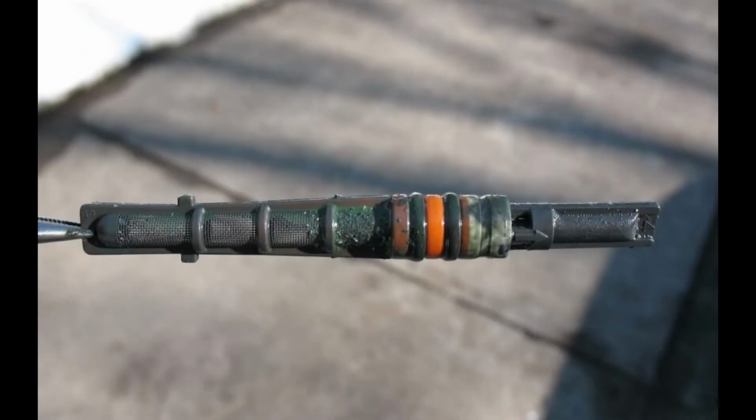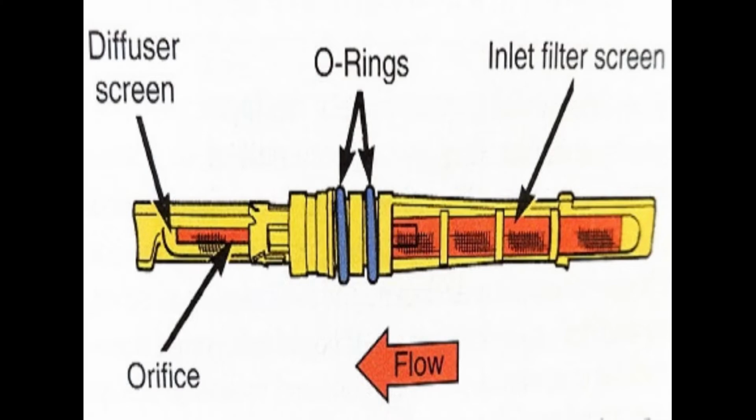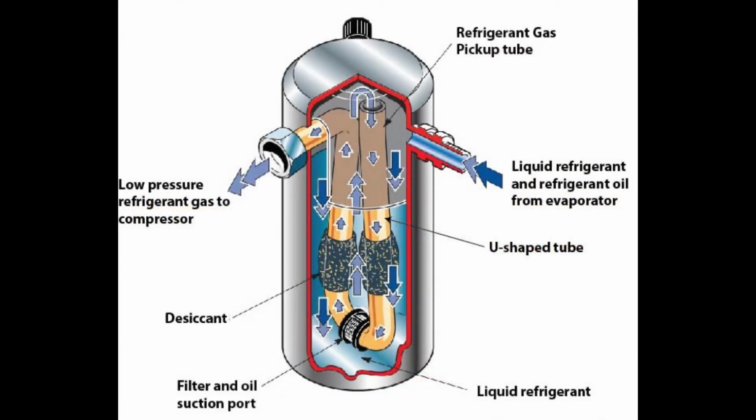On the other side, we can replace the expansion valve with an orifice tube. Unlike the expansion valve, it's unable to regulate the flow rate and superheating, but it is easier to replace and very cost effective. The only thing is, the orifice tube is always associated with an accumulator at the evaporator outlet.